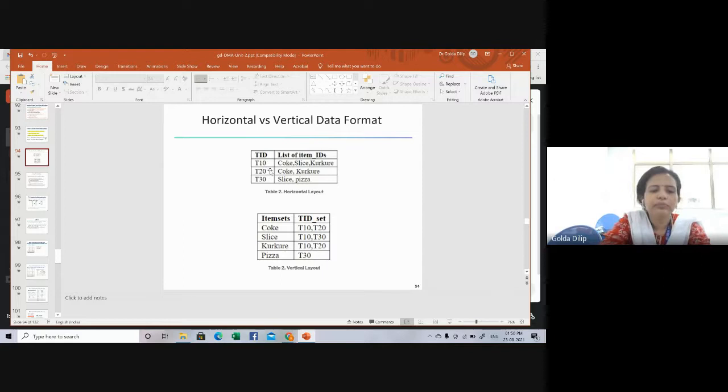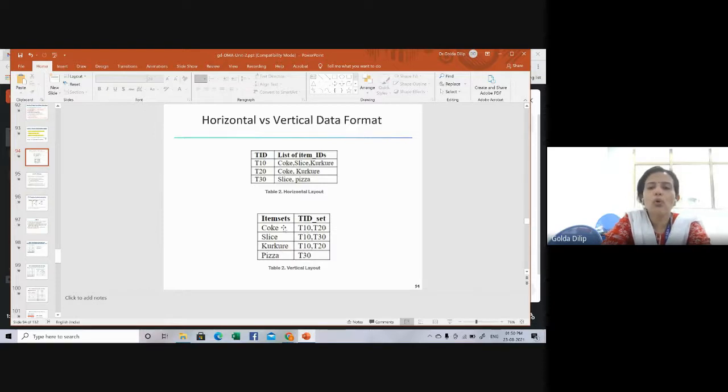The second one, the table shown down here, is another commonly used data layout called the vertical data layout. Here the item sets are shown in separate rows, and for each item, we list which transactions it occurs in.